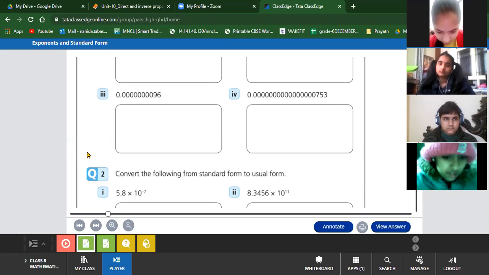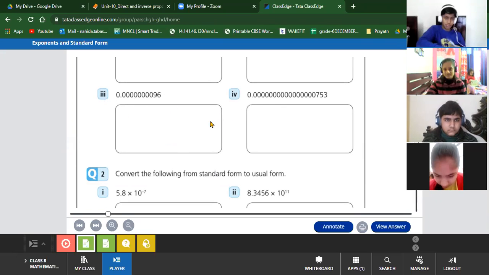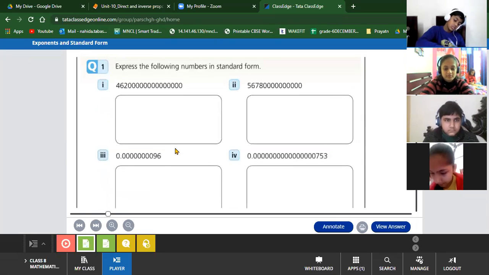You're in the first part, Prakriti. Okay. So, Prakriti, by the time, can you just solve the third and fourth parts of question number 1? I'll show you that part also. I will take a screenshot of first to fourth. She is saying that she will take a screenshot. Okay, fine. Take it.